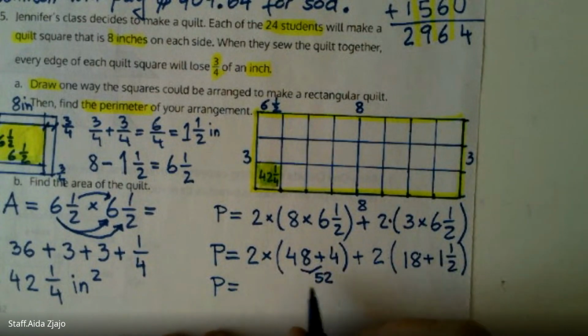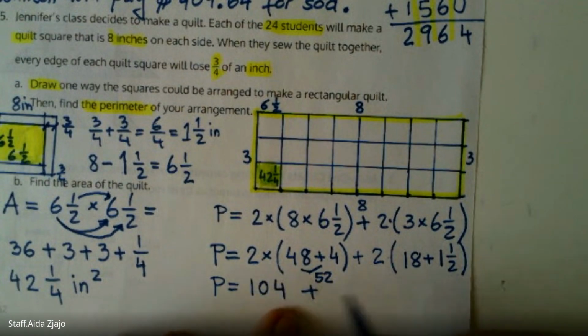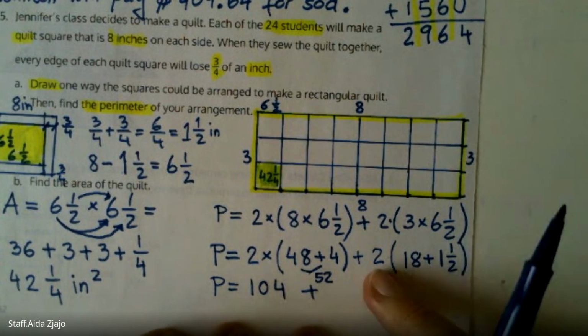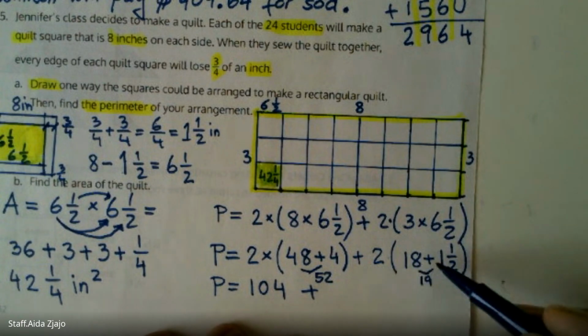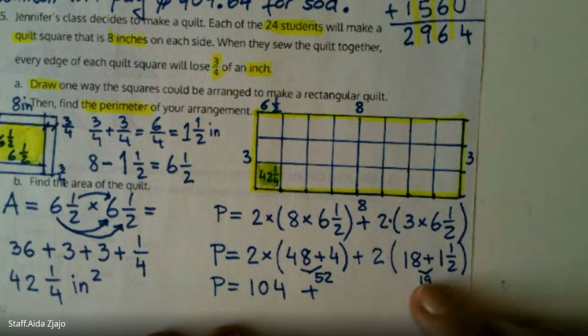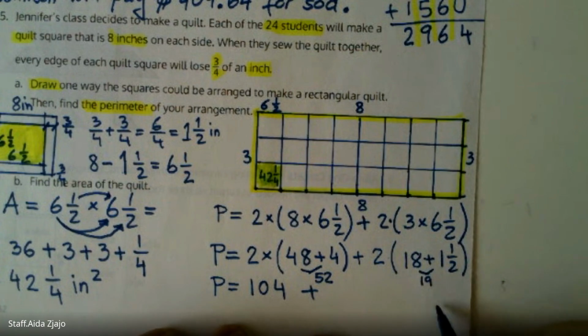So 2 times 52 is 104, plus now 2 times this, which is 19. 2 times 9 is 18, 2 times 10 is 20, so together it is 38.